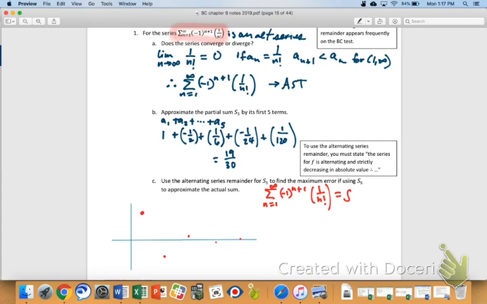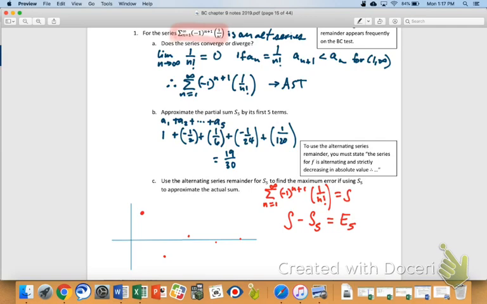So what Brandon just said was, hey, what if we had the actual sum minus S5? What would that actually be? That's the error, right? If you take the actual value and subtract off your approximation, that'll give us the error. I'll put E5 for error based on the fifth term, or n equals 5.